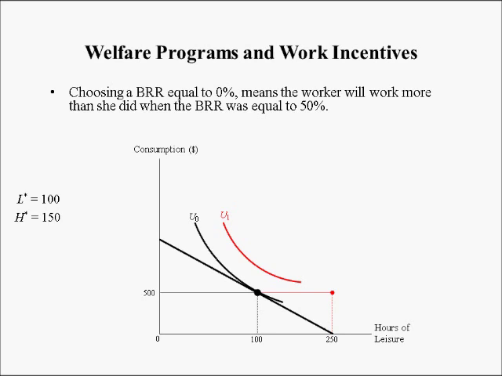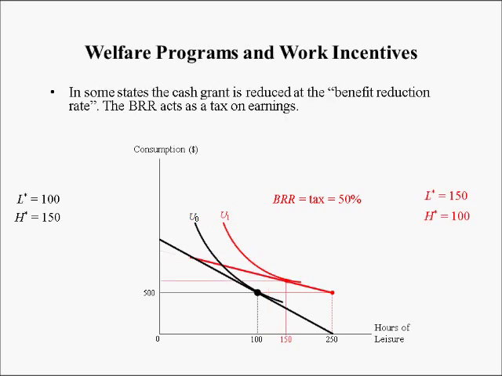This is the scenario that we modeled very early in this lecture handout when we had a parallel shift in the budget line. So with a benefit reduction rate of 0%, the budget line is a parallel shift up. This results in higher worker utility, and this particular worker works 130 hours per week.